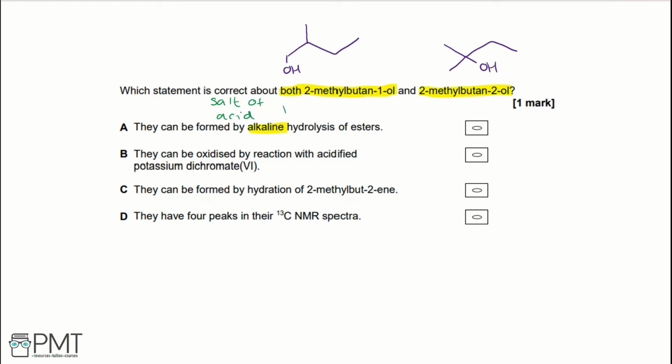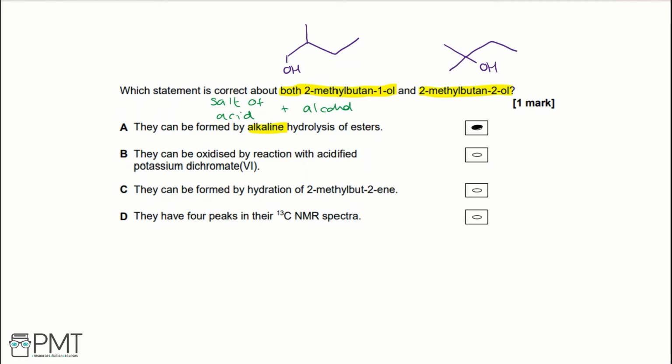And because they don't specify the ester that you're hydrolyzing, this is actually correct, because both have the alcohol group and both can form esters with a carboxylic acid from this alcohol group and can be hydrolyzed using a base, using an alkali. So A is the answer for this question, but we need to check the other statements first.